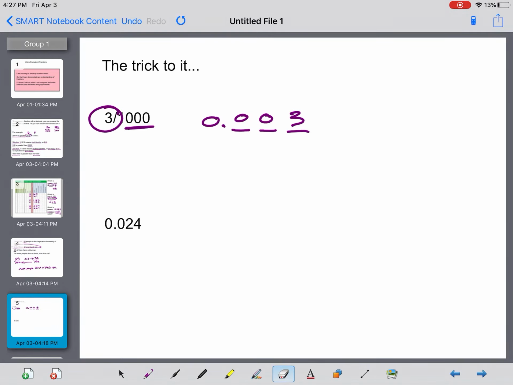And then the quick trick for when you're converting a decimal to a fraction, I have 3 place values after the decimal, so I need to have 3 zeros in my denominator. So it's over 1,000, and the number is 24.